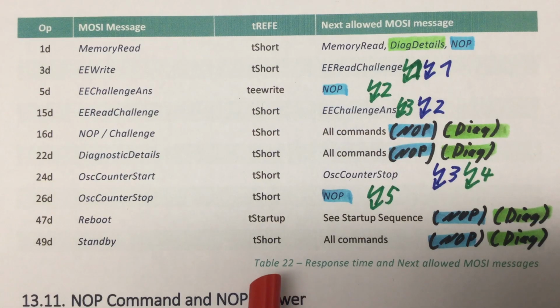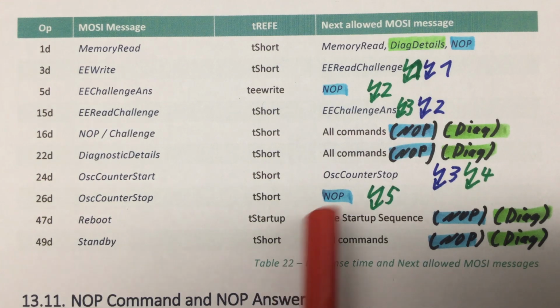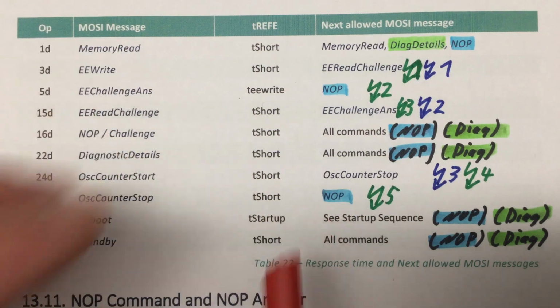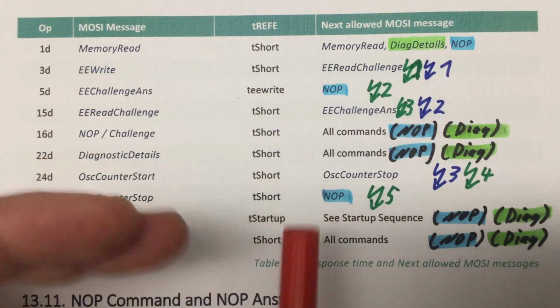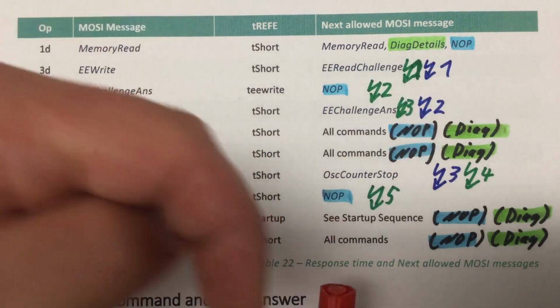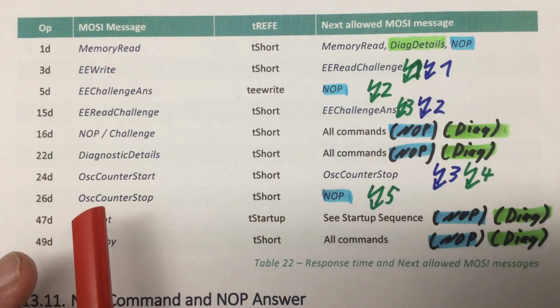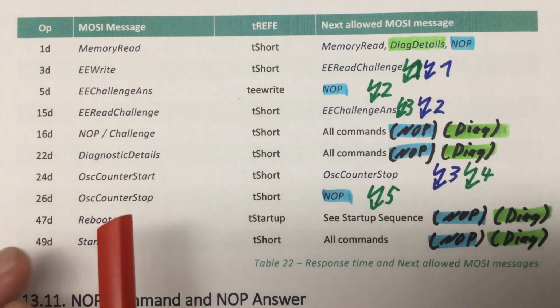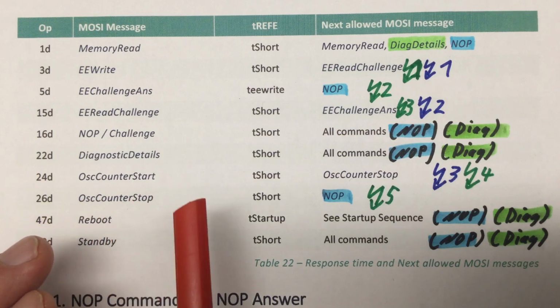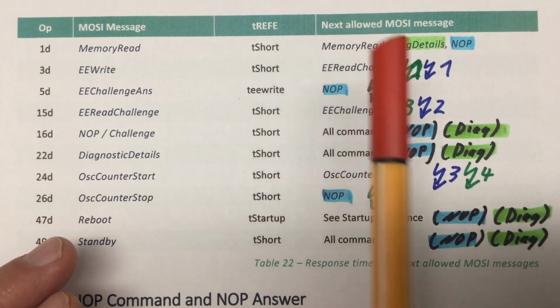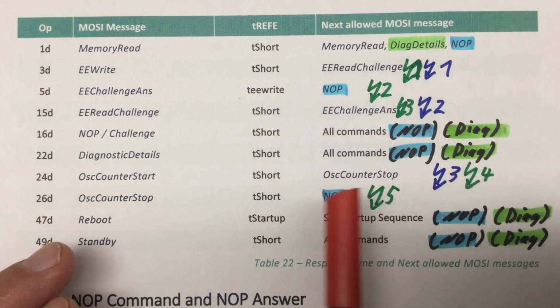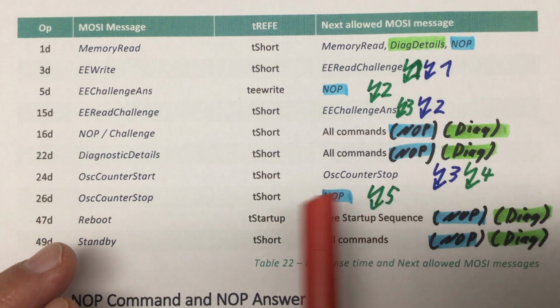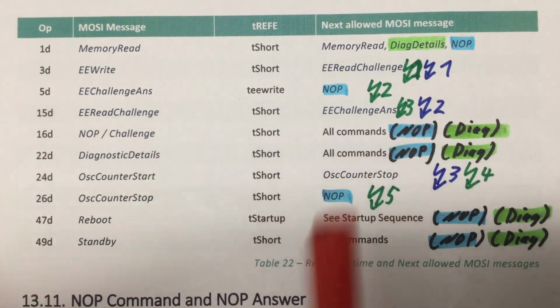However, if you have a look at table 22, which we analyzed in depth when implementing our reboot sequence, card here, link in the description, it says after you send a MOSI message oscillator counter stop, you are only allowed to send as a next MOSI message a NOP. Yeah.